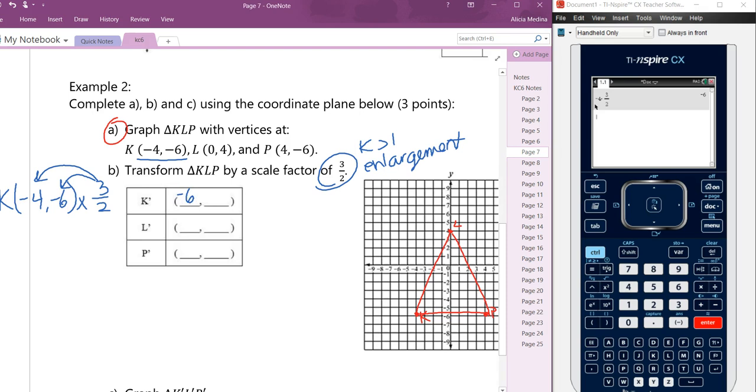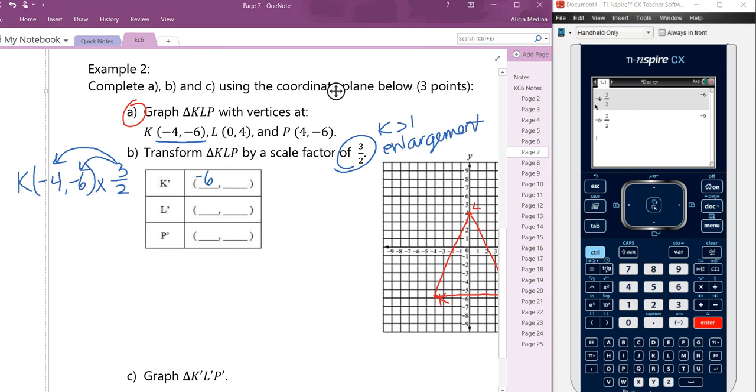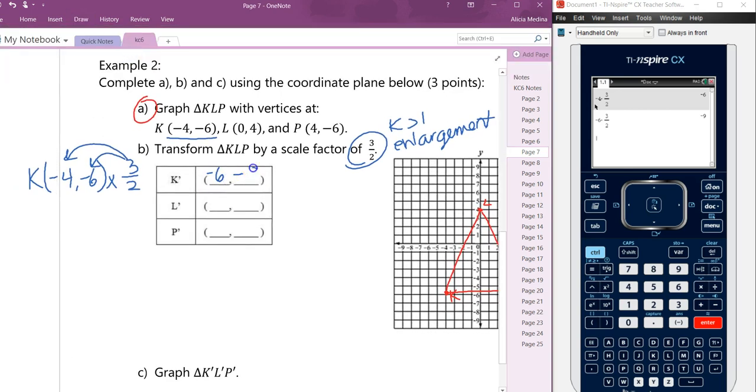Go back over, and I want to multiply -6 times 3/2, so 3 divided by 2. That's going to give me -9. Now that you kind of see how I can plug these in my calculator, I'm going to continue to multiply these out. And if you need to pause the video and you want to practice multiplying them yourself, you can as well.